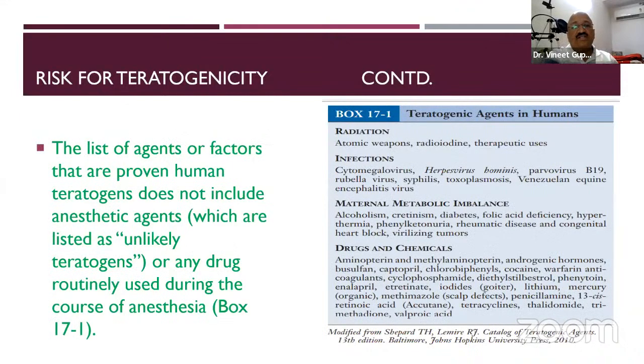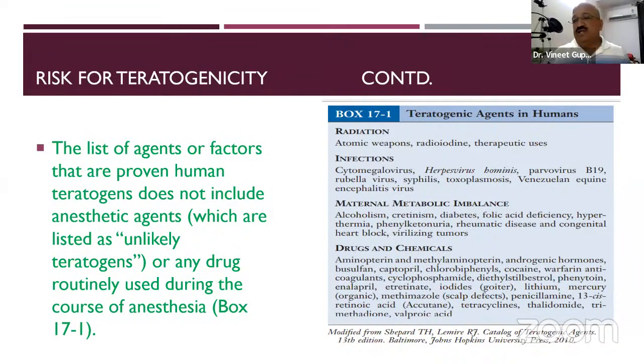The list of agents or factors that are proven human teratogens does not include anesthetic agents. So are you happy now? Anesthetic agents are listed as unlikely teratogens, as is any drug routinely used during the course of anesthesia. So this is the point I was making about importance: why it is important for us to be stress-free while dealing with these patients.